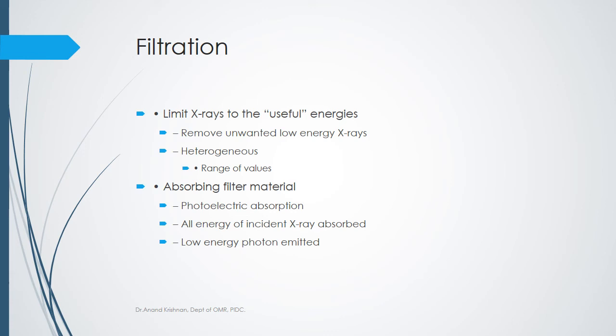So the total filtration is equivalent to the inherent filtration plus external filtration, that is the aluminum disc which we are going to use. So the filtration is not brought about by the aluminum discs alone. It also involves the inherent filtration provided by the glass, the metal housing and the barrier materials.